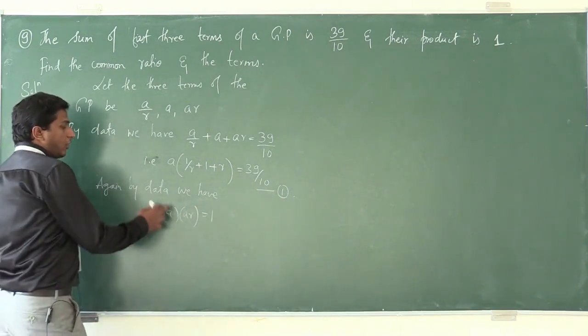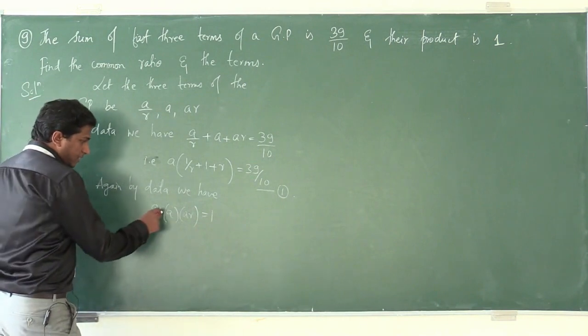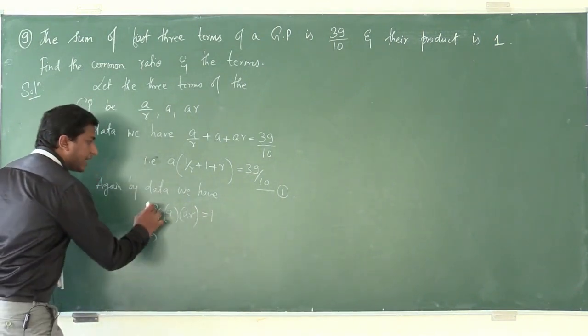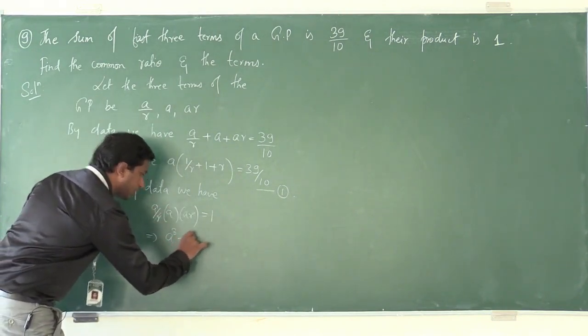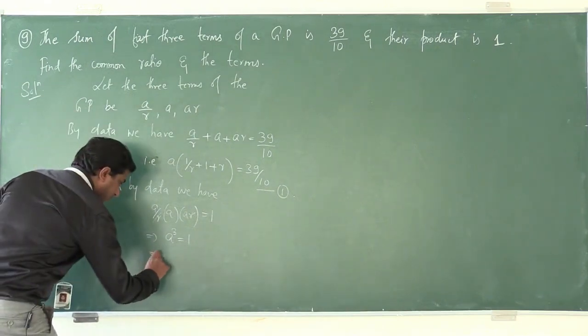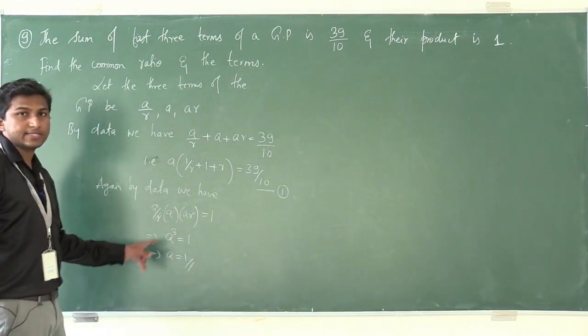On simplifying this equation, what do we get? R cancels with r, and we have a into a into a, which is a cube. A cube equals 1. Taking the cube root, what is the value of a? Value of a is 1.